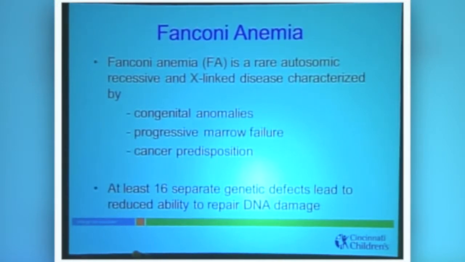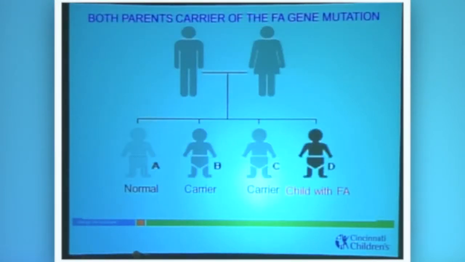At least 16 separate genetic defects lead to reduced ability to repair DNA damage, as we reviewed. And this is usually transmitted as autosomal recessive. What does that mean? It means, very simply, that mother and father carry the abnormal gene, and there is a 1 in 4 chance that the child will have Fanconi anemia, as shown here on the right.